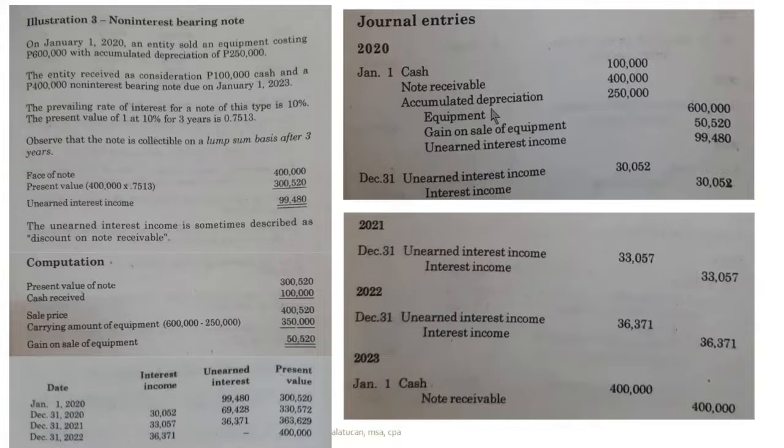The answer is yes, if you're going to sell the equipment or the building. If accumulated depreciation is given, you debit it, you close that account because the equipment will not exist once it's already sold. So what's the use of maintaining accumulated depreciation for the equipment if the equipment itself is already sold? There would be a leftover, right? So accumulated depreciation cannot remain when the equipment is gone.